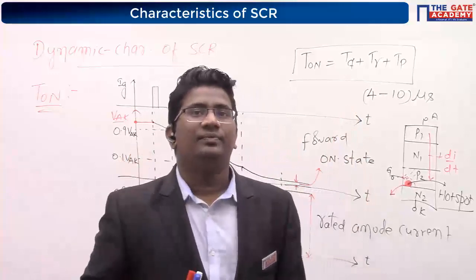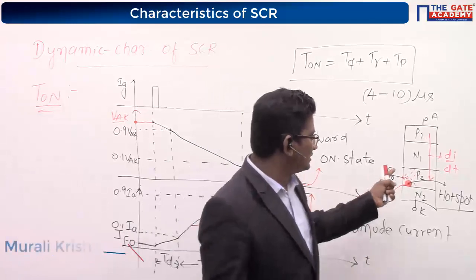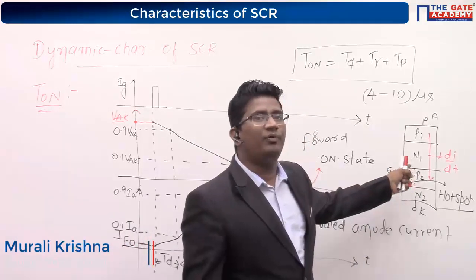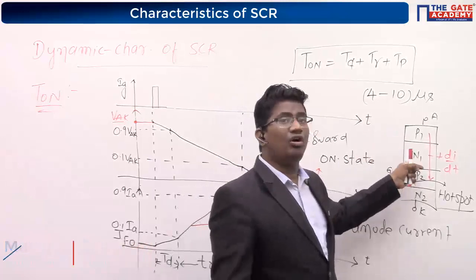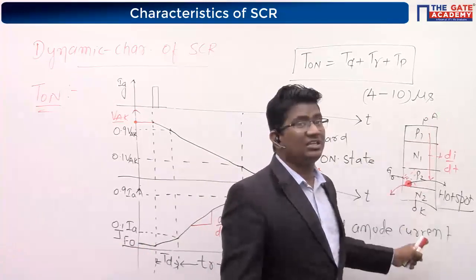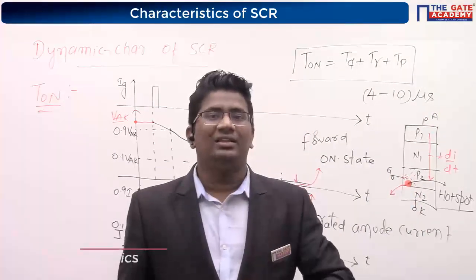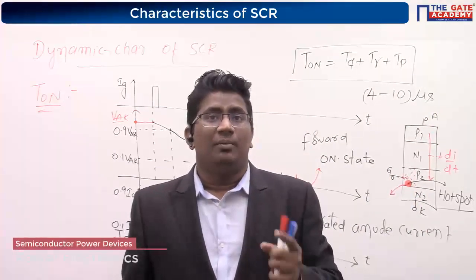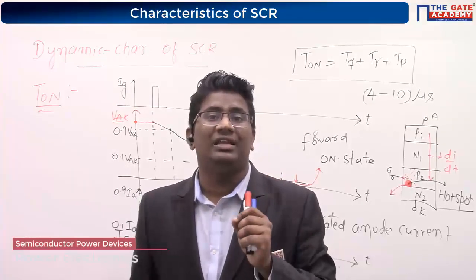Is this point clear? External load circuit: if you give a gate pulse, it will change the state from forward blocking to on state. This rate of change of current will be decided by the load. If your load is purely resistive, then there is no di by dt. But most of your loads are inductive loads, so with an inductor there will definitely be a rate of change of current.